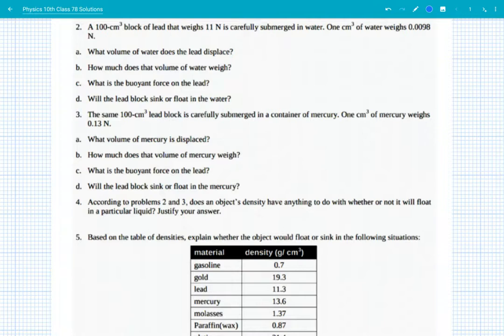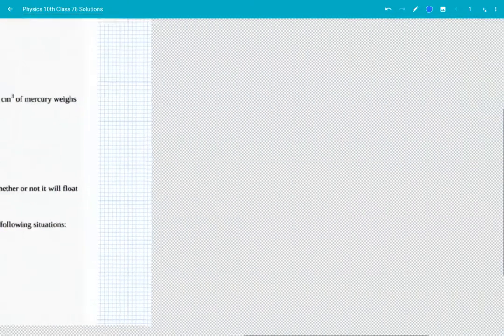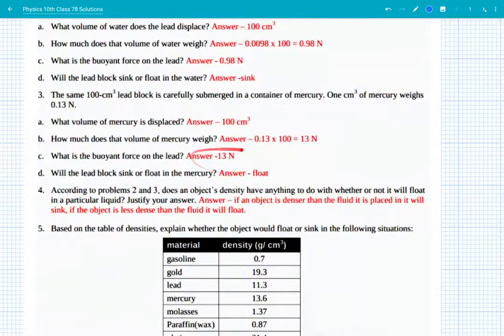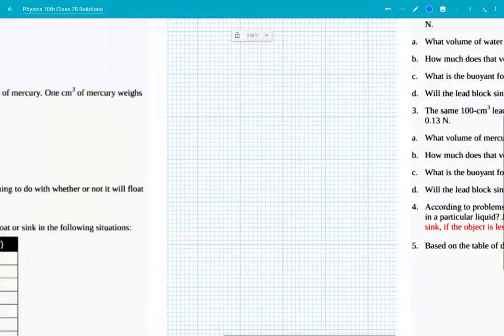Now, the fluid displaced, once again, is mercury, and we just found out that the weight of that mercury is 13 newtons. So the buoyant force is also 13 newtons, but in the opposite direction. So there you go, 13 newtons upward, and then B is downward, toward the direction of the center of the earth. All right, now let's look at D.